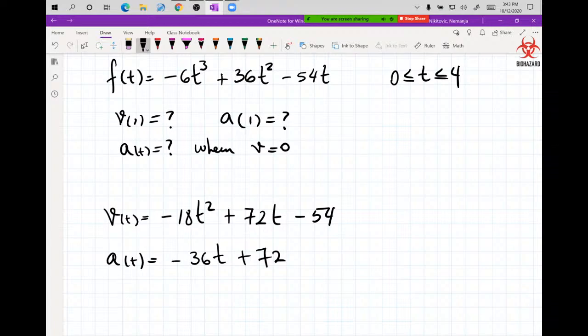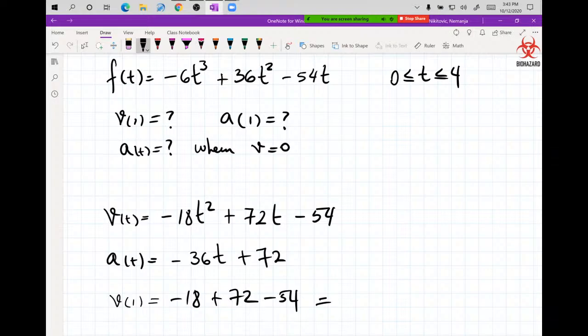So in this case, now we have the functions, and they want us to figure out how much is the velocity after 1 second or 1 minute, whatever the units are. So in this case, you just plug in 1 everywhere, which will technically just give you this calculation.